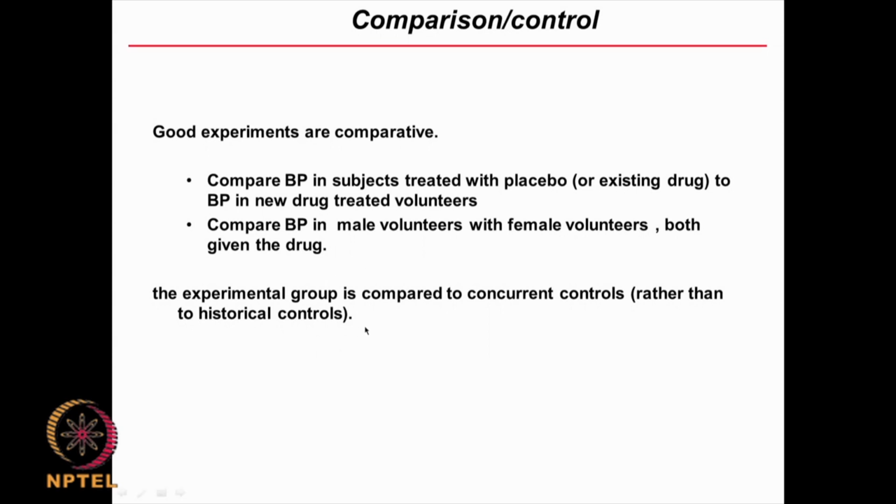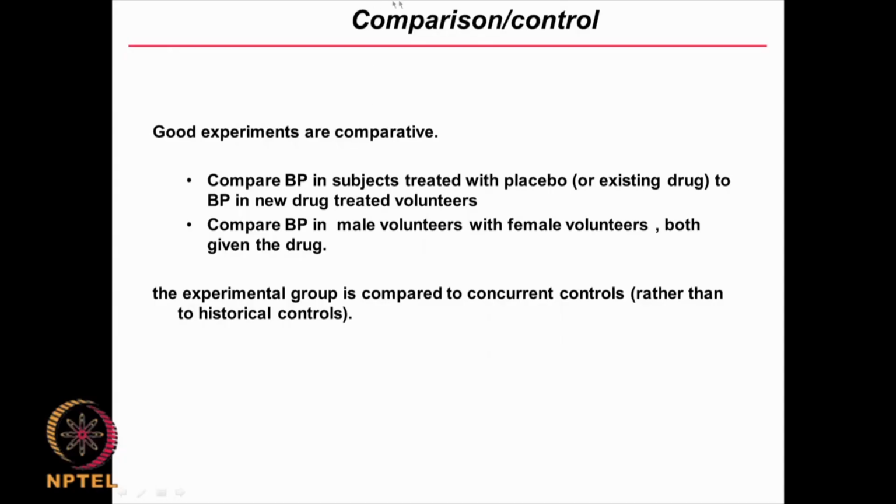That is always done. I will never take historical data, where the performance of the old drug is given in the literature, and use that. That is not a good idea at all. So, it is always good to have a set of volunteers for control or for the old drug if you want to introduce a new drug into the market.